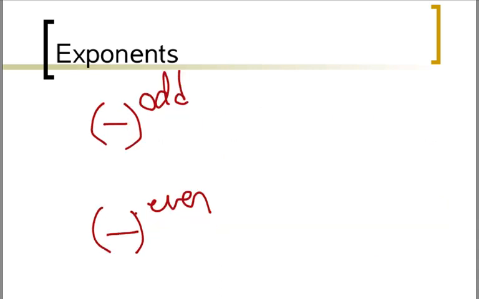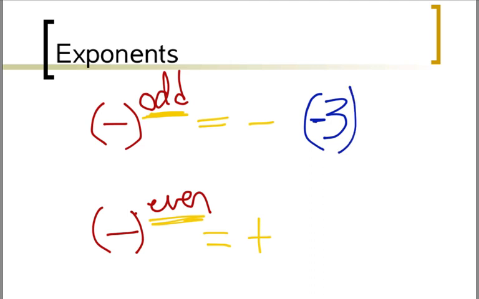Okay. Now the bottom line rule with negatives being raised to powers is that if you have a negative number and you raise it to an odd exponent, the answer will be negative. If you have a negative number and you're raising it to an even power, the answer will be positive. For example, if I have -3 to the third power, that would give me -27.